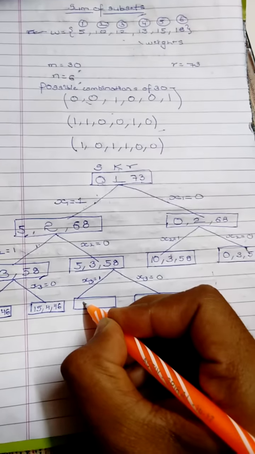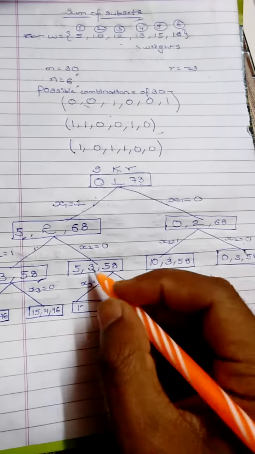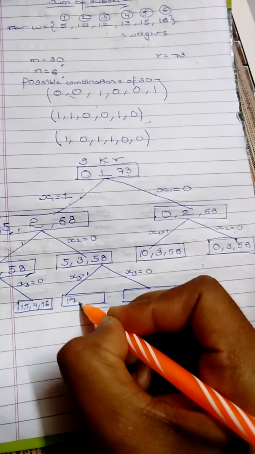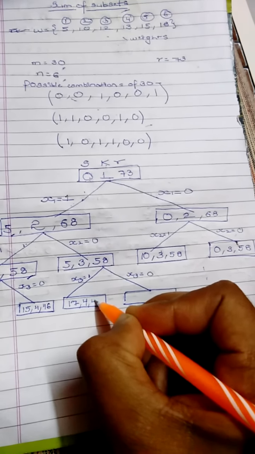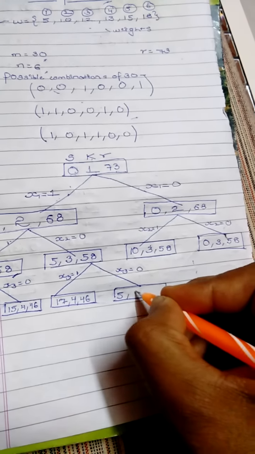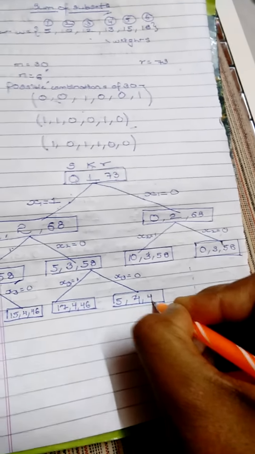Similarly for this, if I have taken 12 in my weight, my sum will be 17. I have to move to the next position. My R will be 46. If I have not taken it, my sum will be 5 only. I have to move to the next position and my R will be 46.